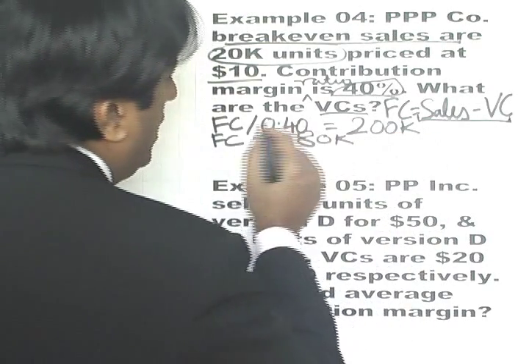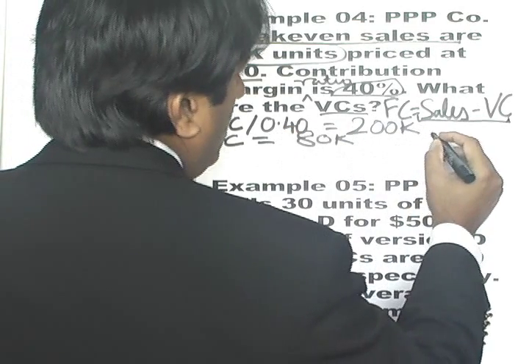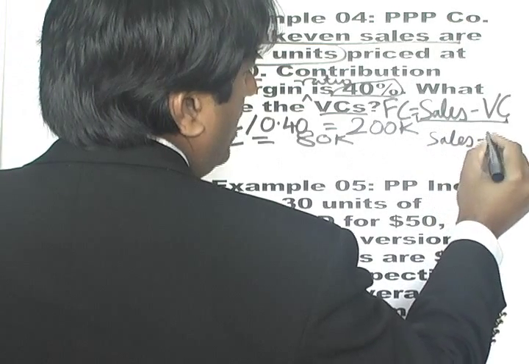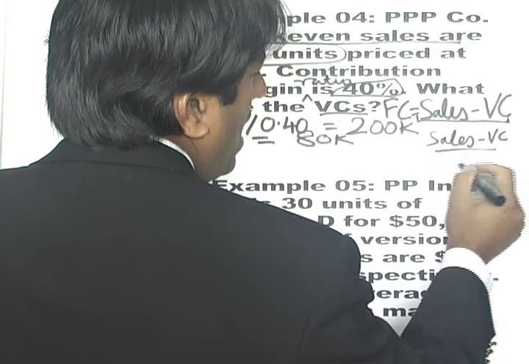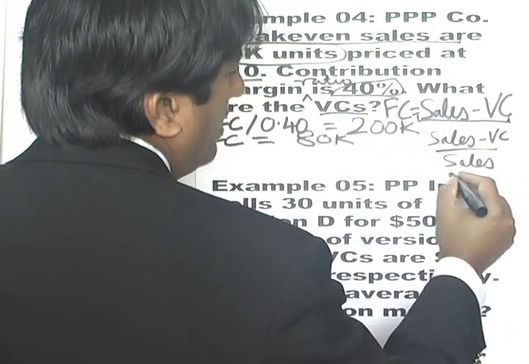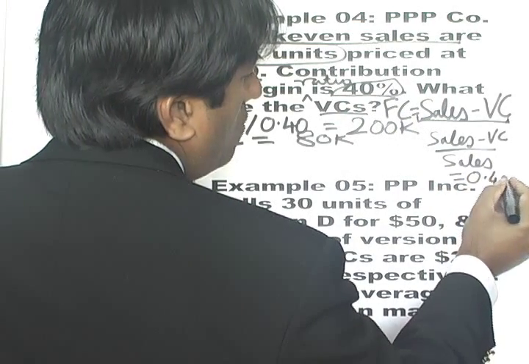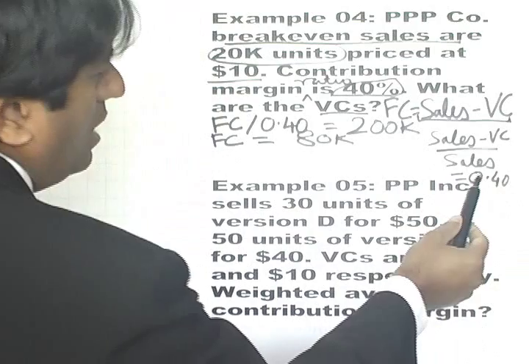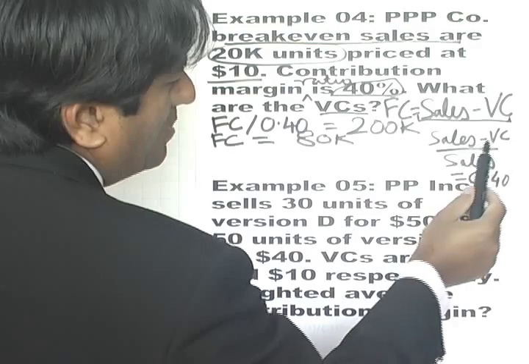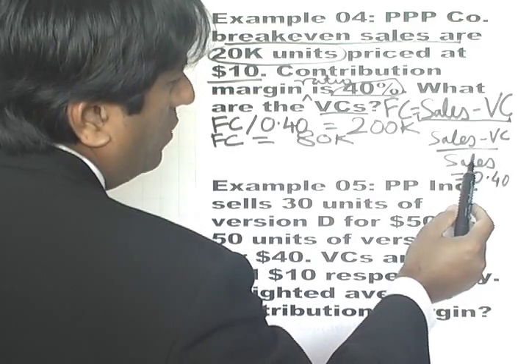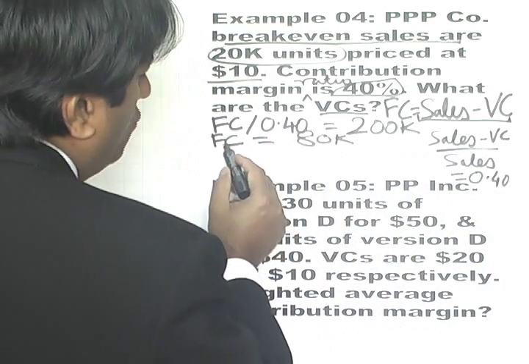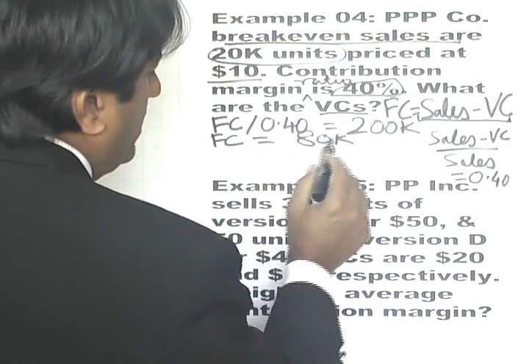Essentially, what we have here is sales minus variable costs divided by sales equal to contribution margin ratio, and that was equal to 0.40. So you bring sales to this side and you take this to this side, and sales minus variable cost is equal to fixed cost, and that's what you use to find that fixed costs are 80K.